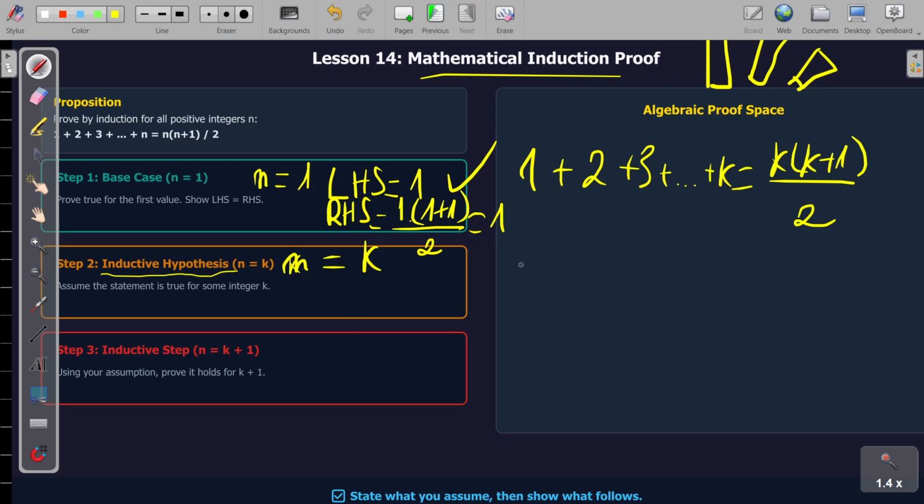We're assuming it. And for our last step, which is the inductive step, we need to prove it for n equals k plus 1. So we have to substitute n with k plus 1 here.